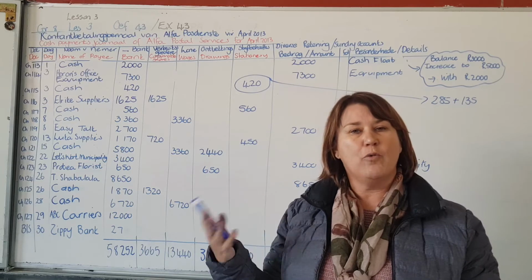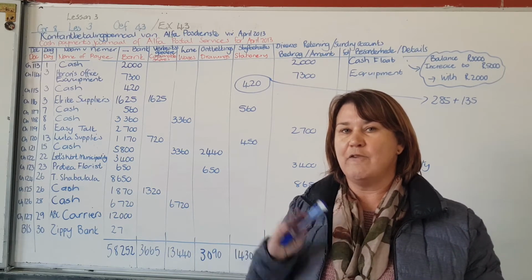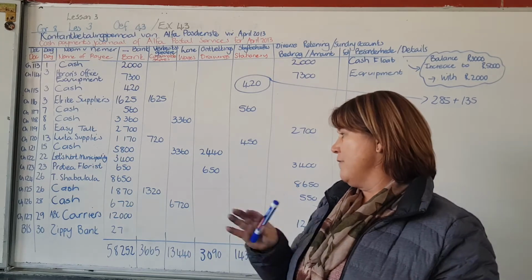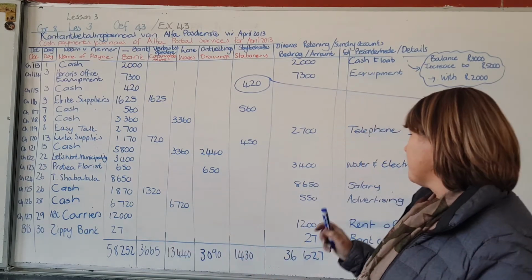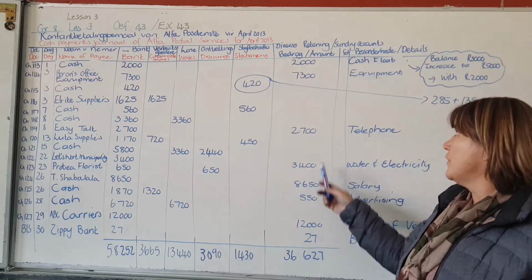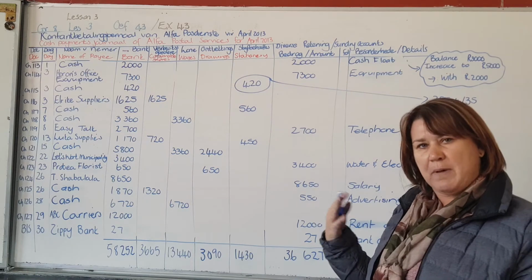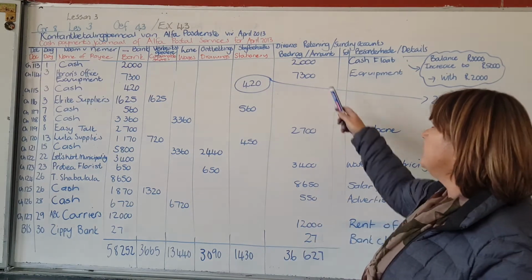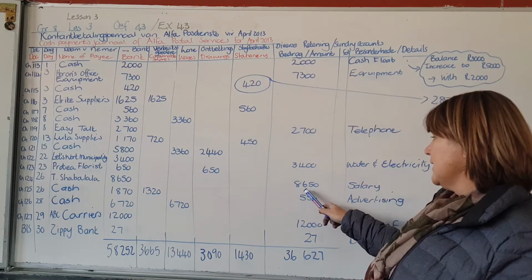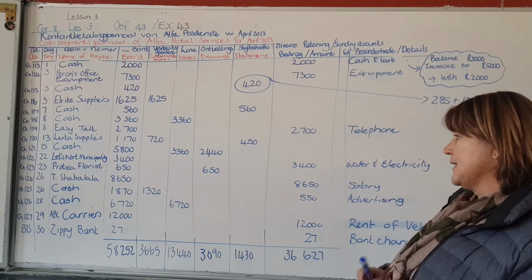So if there's 4 weeks in a month, 5 weeks in a month, then it will be paid every week. Alright? Or every day. But a salary only gets paid once a month. So that's why you do not have a salary column, because it's only been paid once a month. In your amount 8650, in your details column salary.